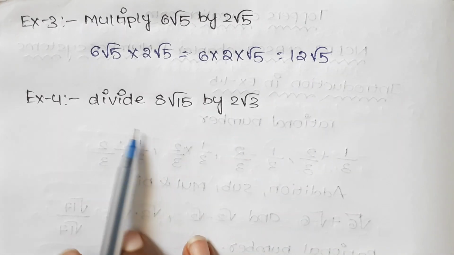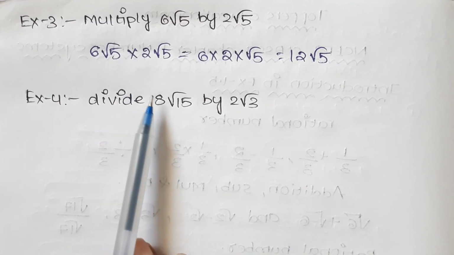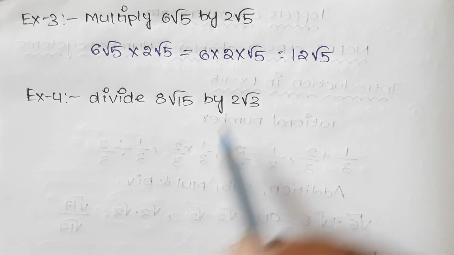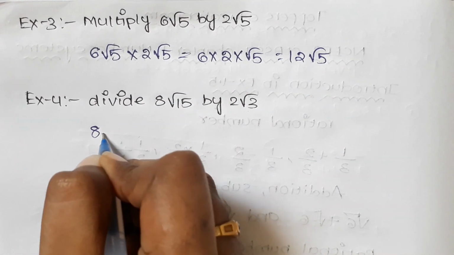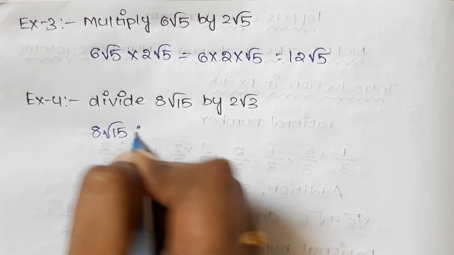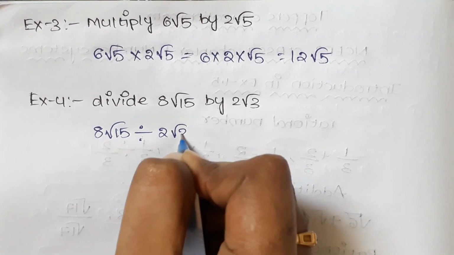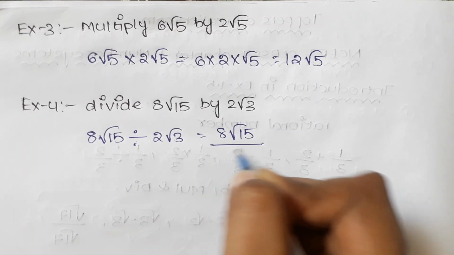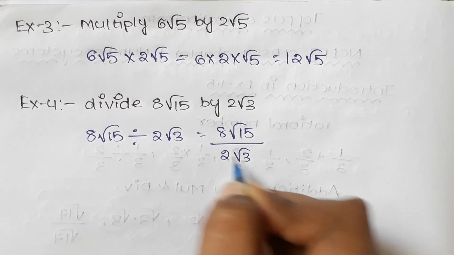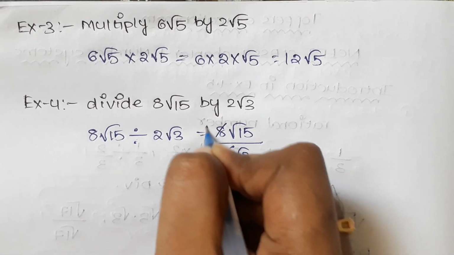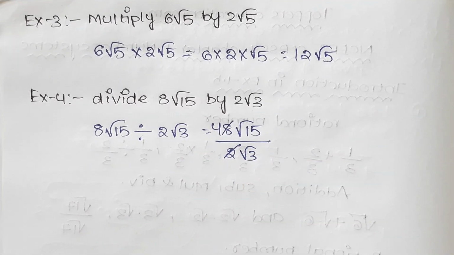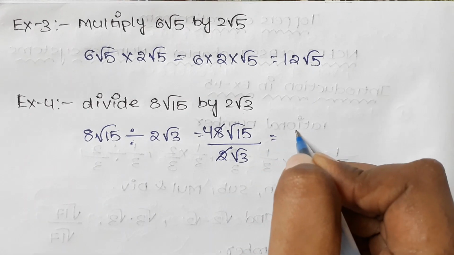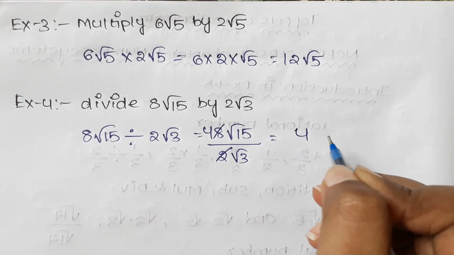And another example, that is divide 8 root 15 by 2 root 3, that is 8 root 15 divided by 2 root 3, that equals 8 root 15 by 2 root 3. 2 ones, 2 fours, when cancelled, that is 4.